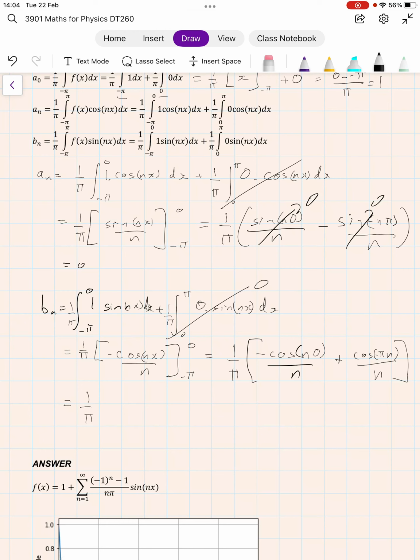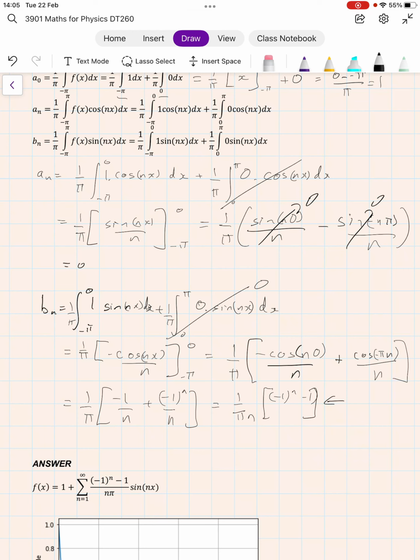The cos of 0 is 1, so that's minus 1 divided by n. And the cos of minus pi n, which is the same as cos of pi n, is plus or minus 1 to the n, divided by n. So that can be rewritten as 1 over pi n times (minus 1 to the power n minus 1).